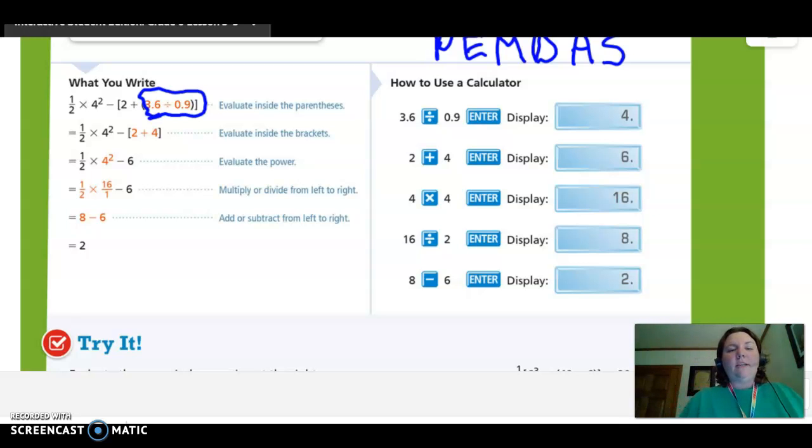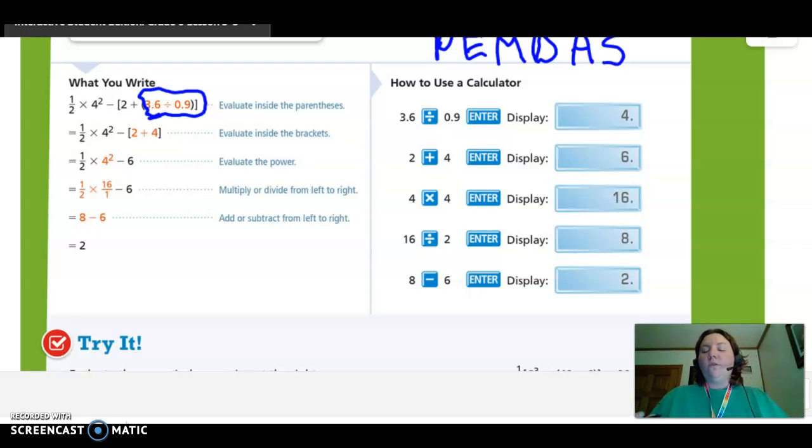But 3.6 divided by 0.9, I'm going to use some prior knowledge that I know, and I'm going to recognize that 3.6 and 0.9 are really similar to 36 and 9. And I know that 36 divided by 9 is 4.